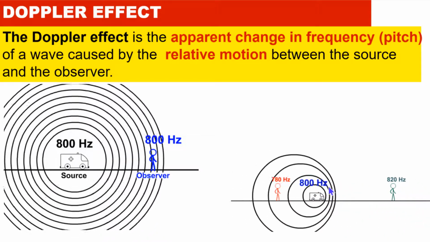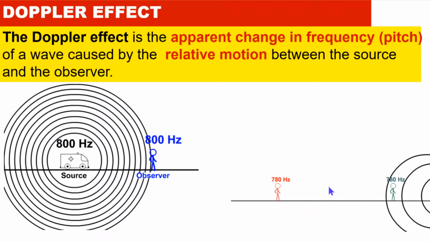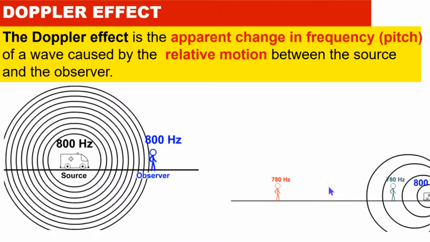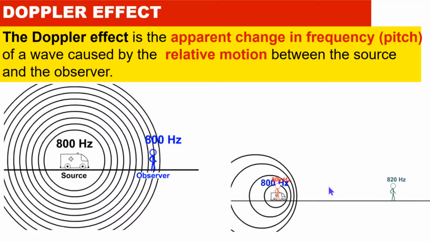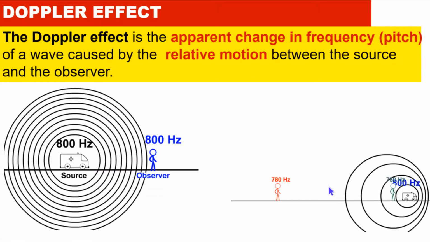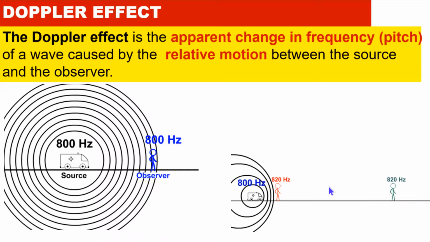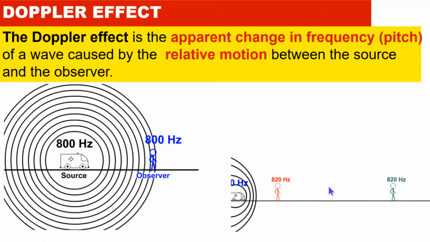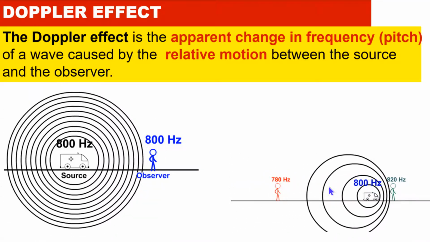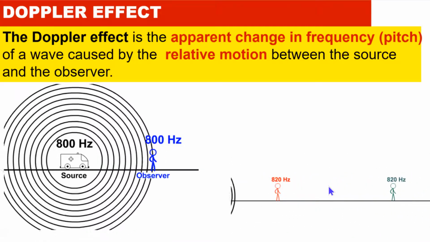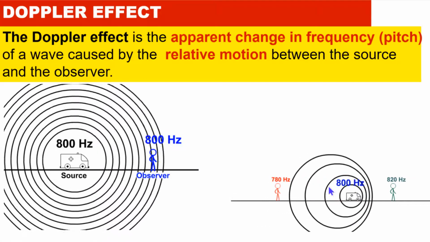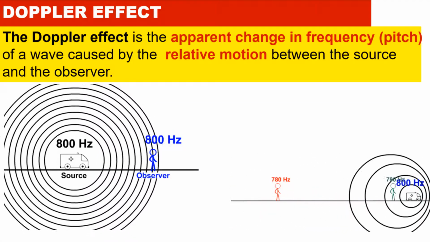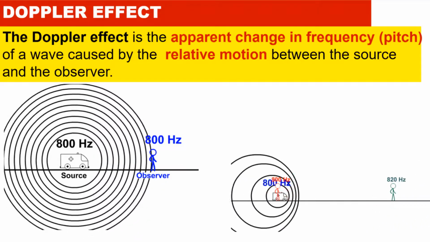If you look at the second animation, you can see that when the source is approaching the listener, frequency is increasing, and as the source is moving away from the listener, frequency is decreasing. So in the second animation, the observed frequency and the frequency produced by the source are not the same. So this is all about the Doppler effect.